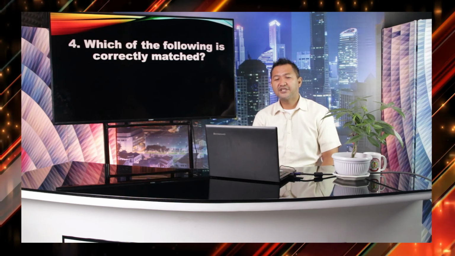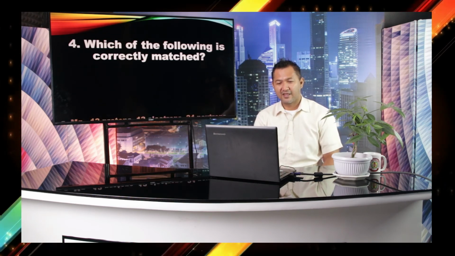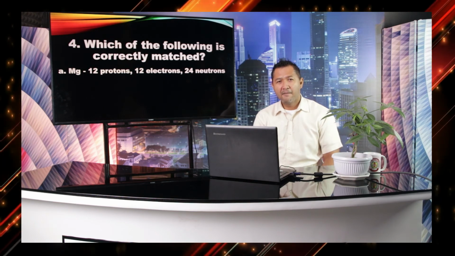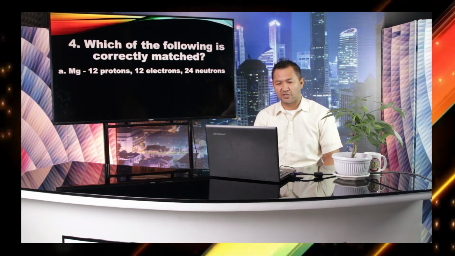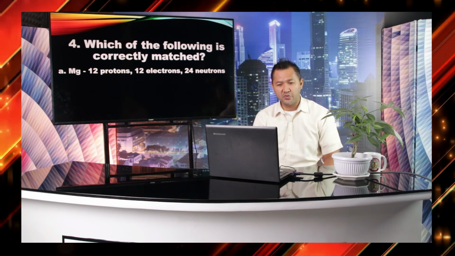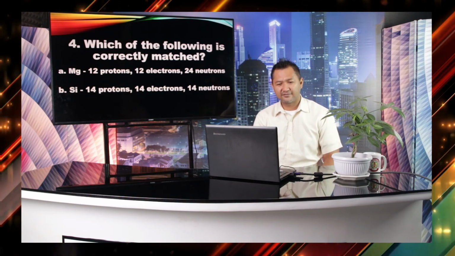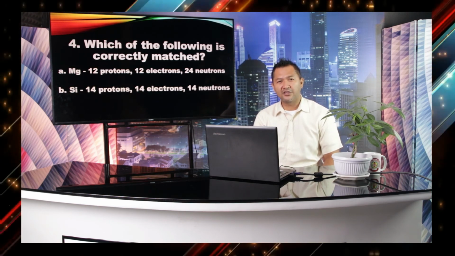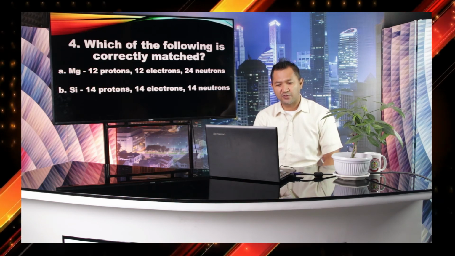Number 4. Which of the following is correctly matched? A. Magnesium, 12 protons, 12 electrons, and 24 neutrons. B. Silicon, 14 protons, 14 electrons, and 14 neutrons.